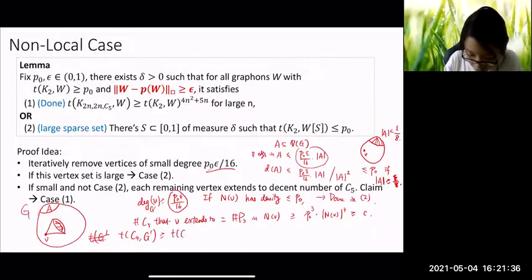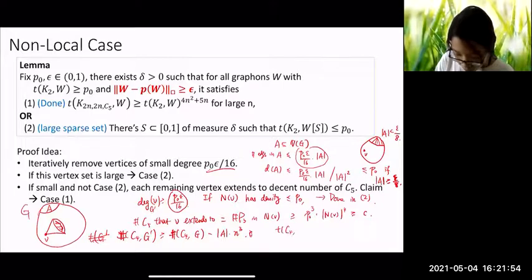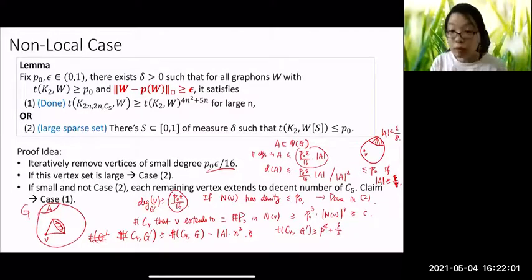So the number of C4 in G prime is at least the number of C4 in G minus the size of A times the number of ways you choose the other three vertices. And we still have a boost here. So if we normalize, then we have C4 of G prime is at least, say, P to the fourth plus epsilon over 2.